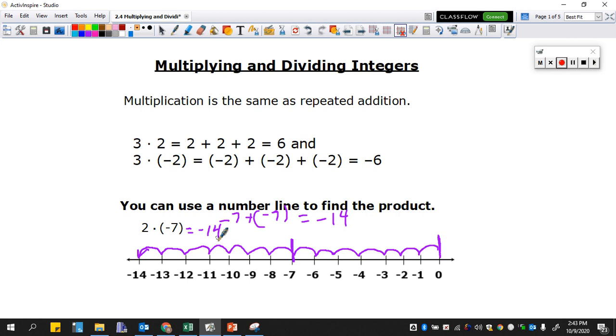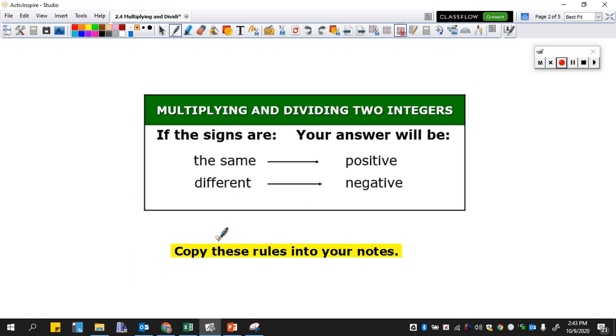Now that's all fine and good, except it gets pretty tedious pretty quickly if you have to use a number line every single time that you want to multiply or add numbers, right? So just as with addition, we have rules that we can follow.